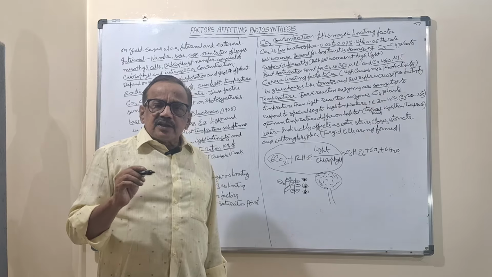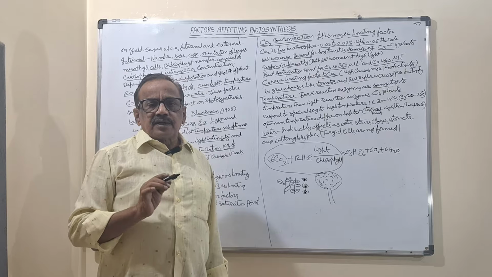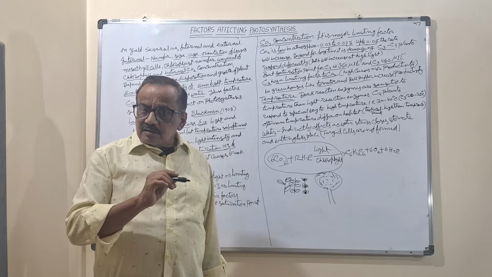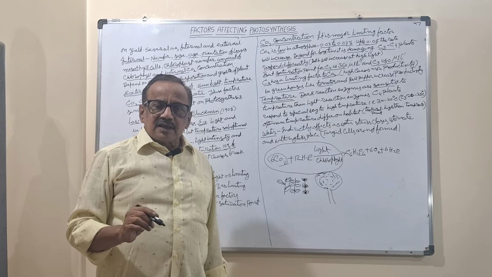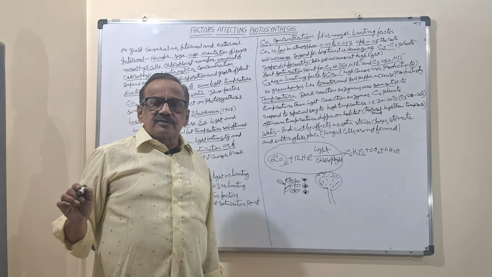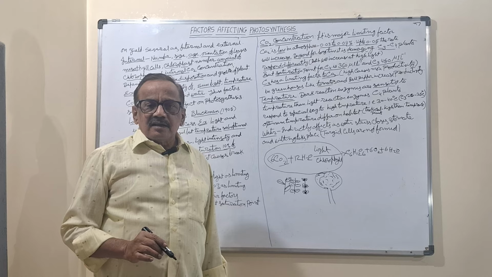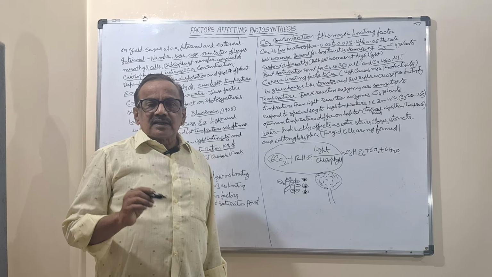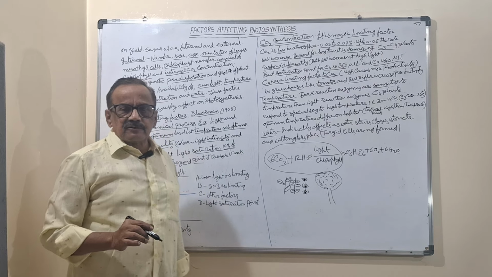These enzymes are sensitive to high or low temperature. But the light reaction also has some enzymes, which are not that sensitive. This is the difference, and this difference causes the formation of C4 plants, which I discussed in the previous video also.